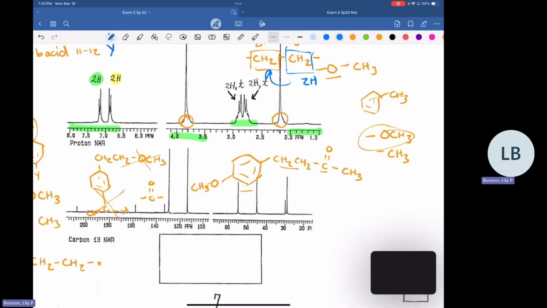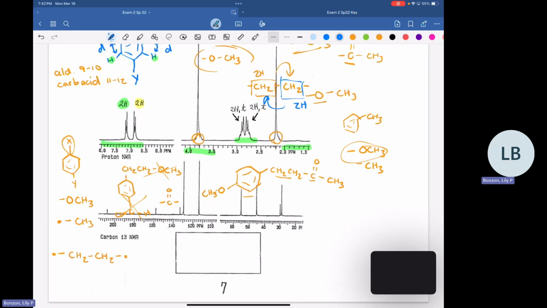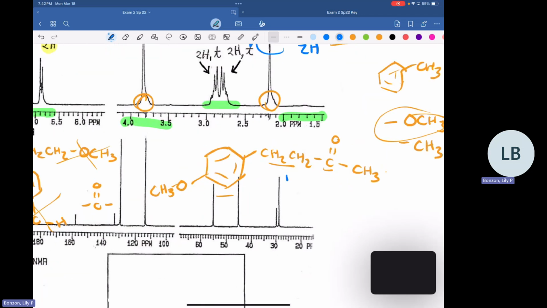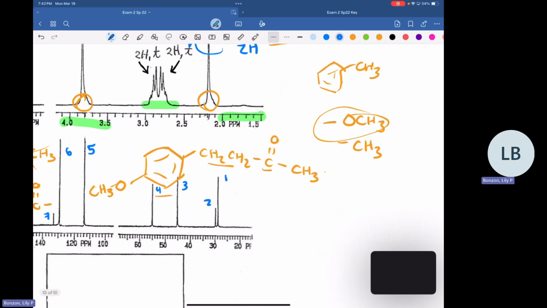All right. And then I like to use the carbon-13 NMR to double check to make sure I have the right number of carbons. On the exam, you'll also have the sheet of values that you can use to look at. But I like to just count the number of carbons. So we've got 1, 2, 3, 4, 5, 6, 7, 8, 9. Okay, so we've got 9 different carbons.